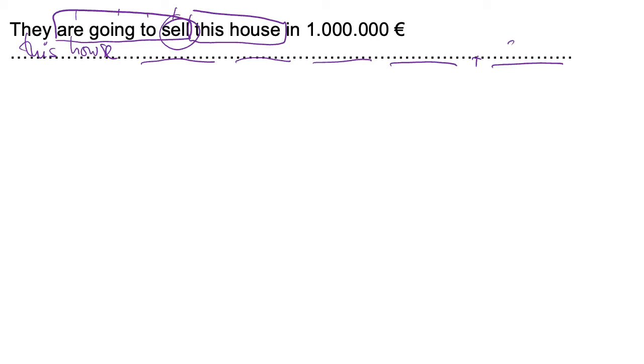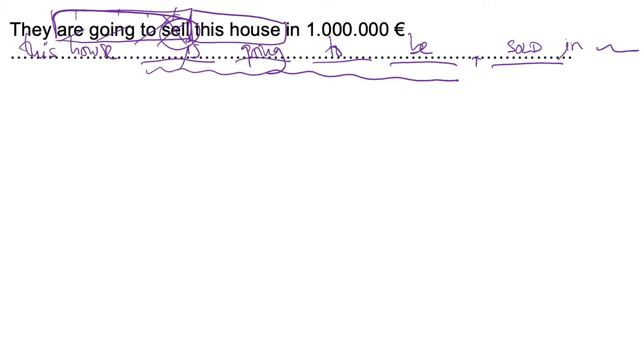Sell, sold, sold, past participle. And I'm going to write here exactly the same tense that I've been using in this active, but changing sell and writing there be. So this house is going to be sold in 1 million euro.